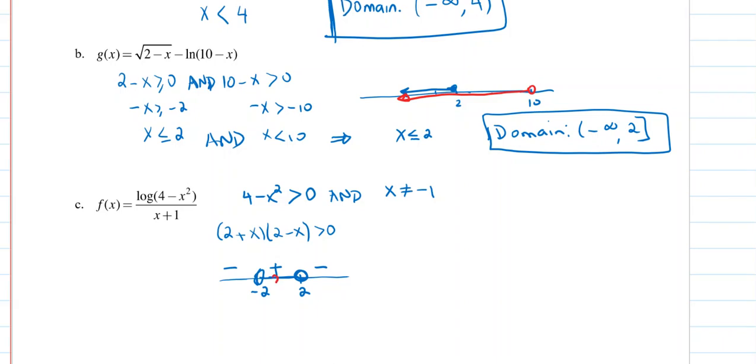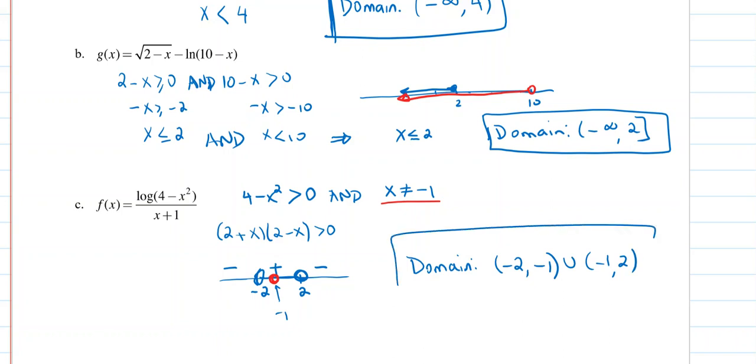And so negative 1 must be taken out of that set because of that condition. So the intersection of these two things happening, we want both of those things being satisfied. Then the domain is going to be -2 to -1, open, that's -1 right there, union -1 to 2, all open.